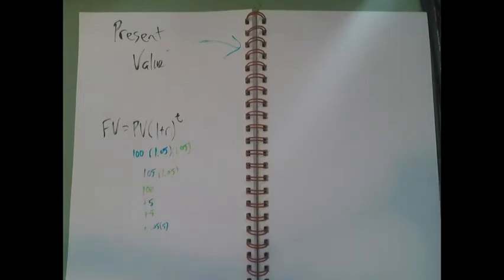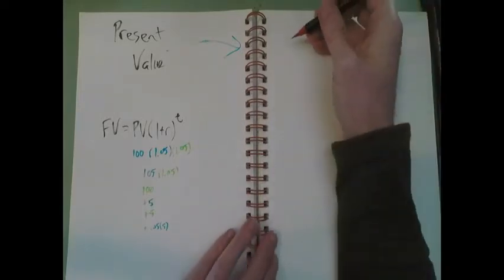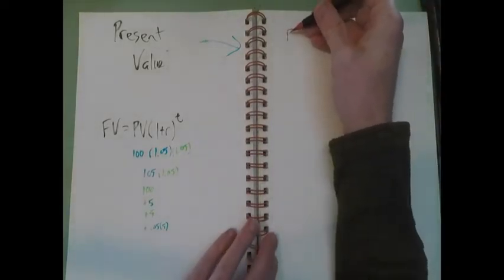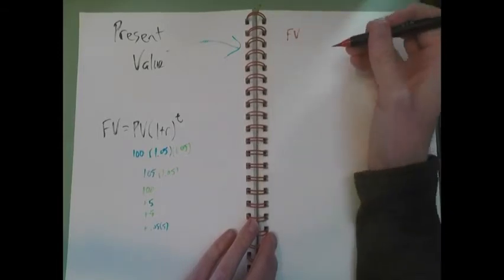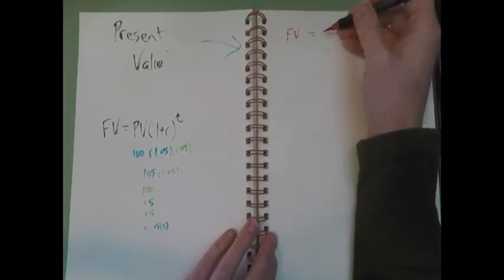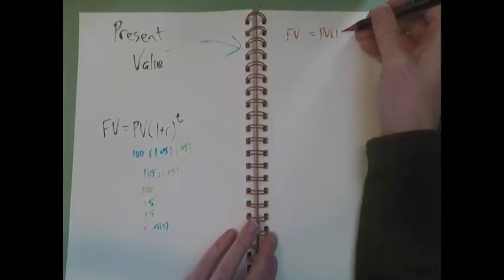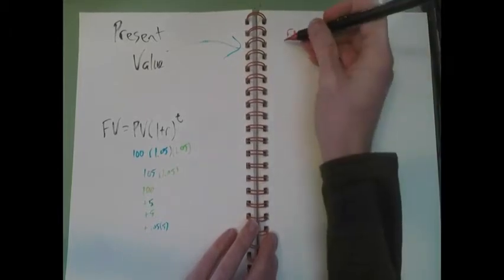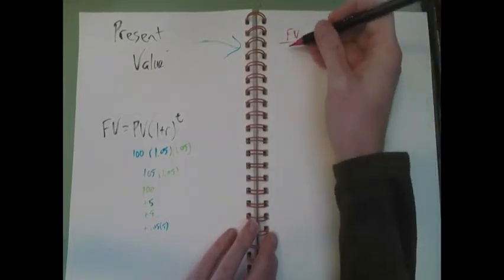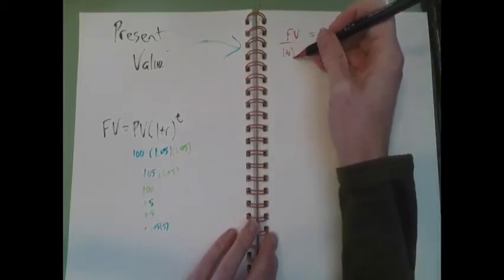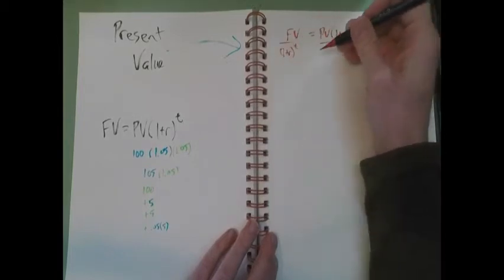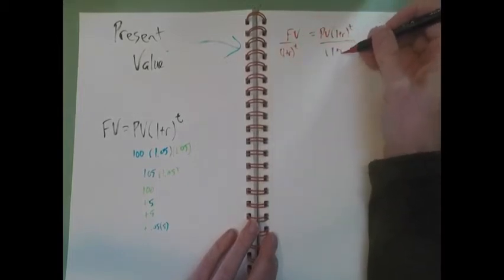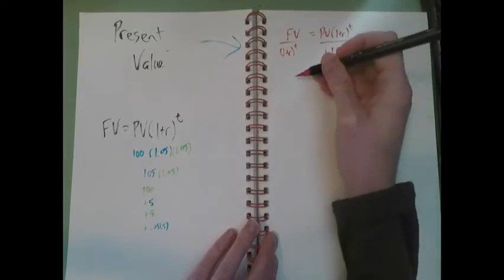Now, more interesting than that is to take some target and figure out how much do we need to put away now. So future value equals present value times 1 plus r to the power of t. Well, all we have to do is divide by 1 plus r to the power of t, and that's going to give us present value.